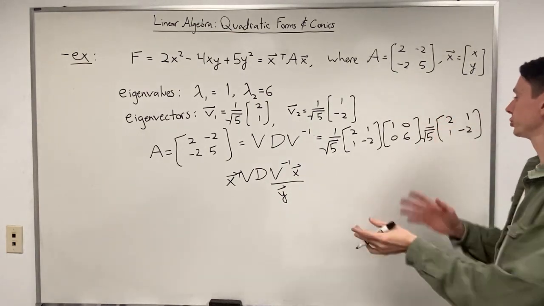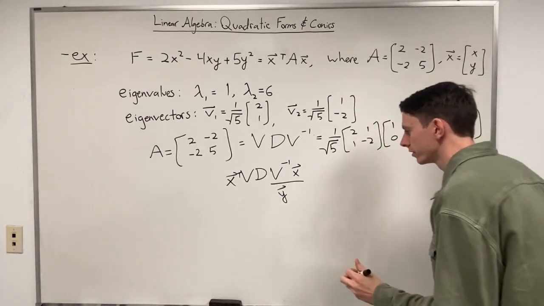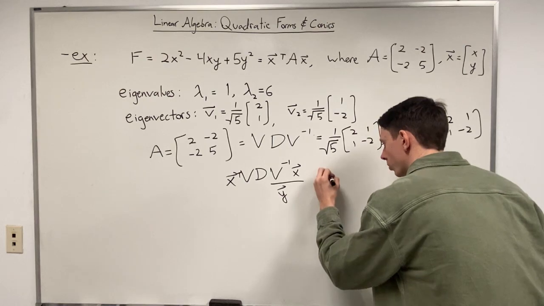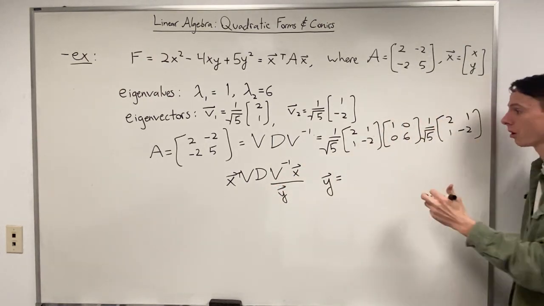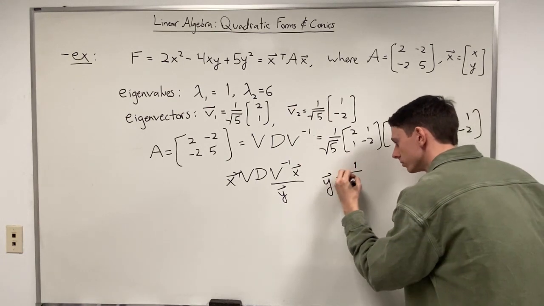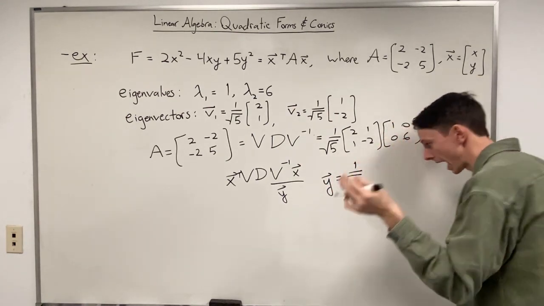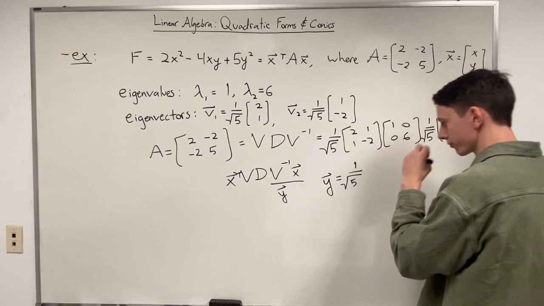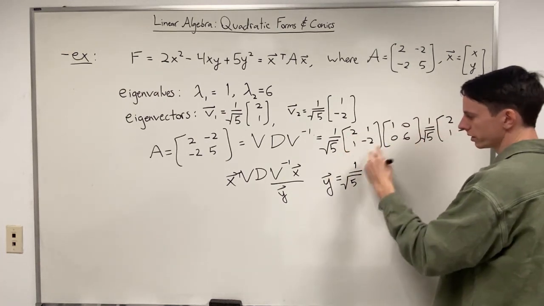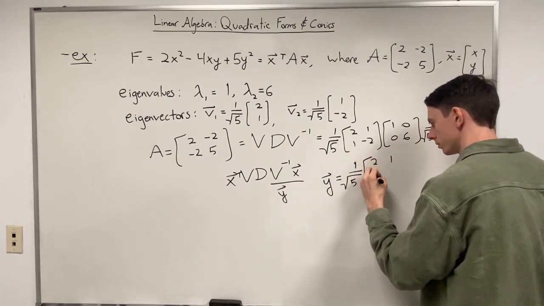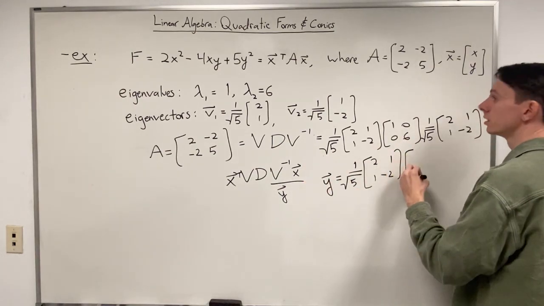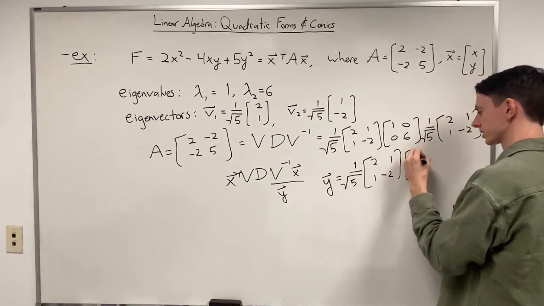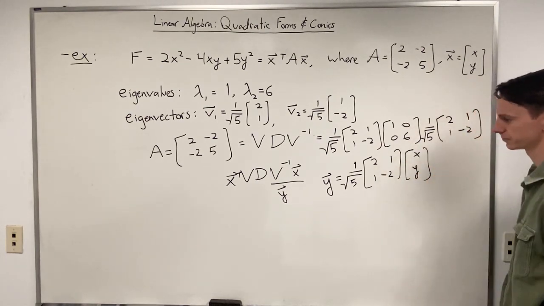So let's now do that with the framework that we have. y is going to be V inverse, which just happens to be the same quantity as V. Again, that's not always true, it just happens to be true here. 1 over root 5, 2, 1, 1, negative 2, and then times my vector x, which is originally defined up here as x and y.